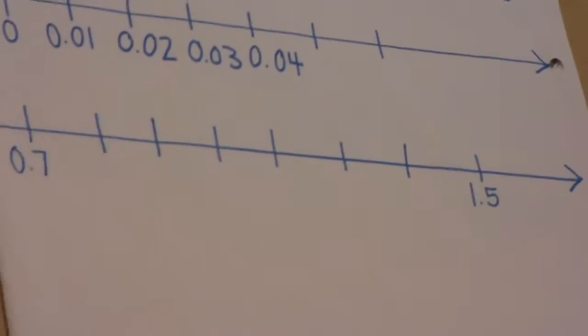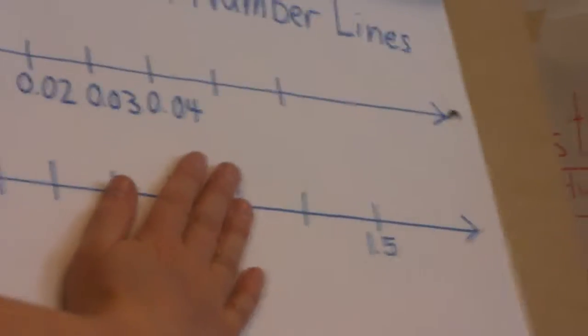7/10. Do you think 1 is going to be to the right side or to the left side? Please give me a thumbs up if you think it will be to the right. Please give me a thumbs up if you think it will be to the left. Okay, if you thought it would be to the right, you would be correct.